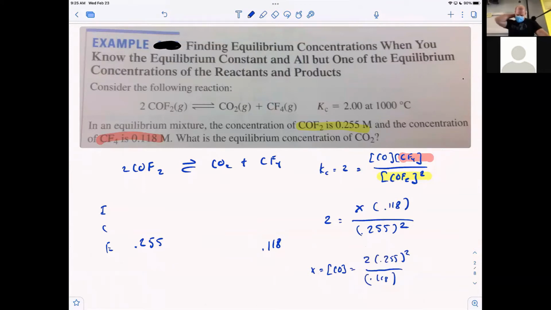I'm just rearranging the fraction there. And you plug the numbers into your calculator, and it's going to be 1.10 molar. Okay.